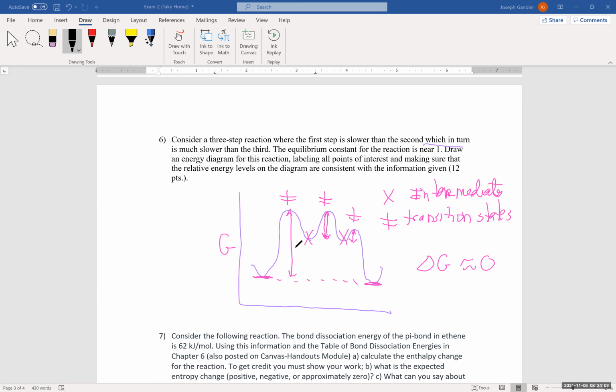And then if you want to point out, these are the activation energies for the individual steps. That's worth pointing out too, okay? So I gave partial credit depending on how much of the diagram you described, okay? So I hope that makes sense. I'm going to clear this and go on to the next question.